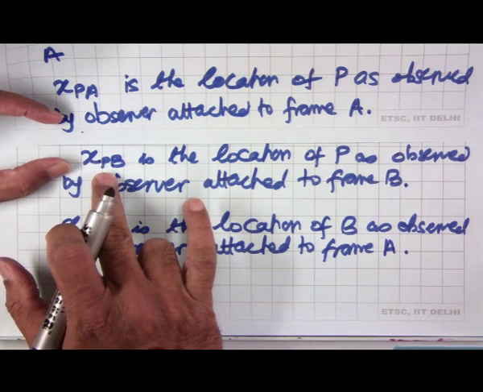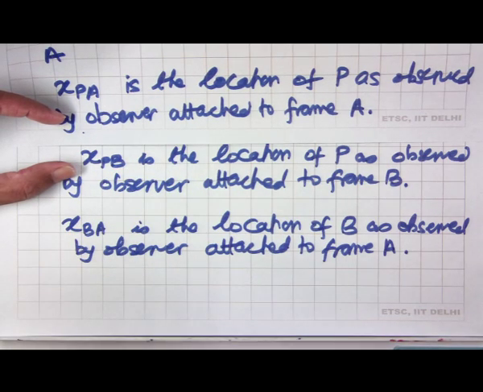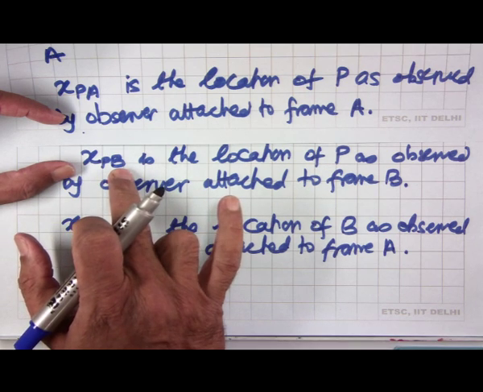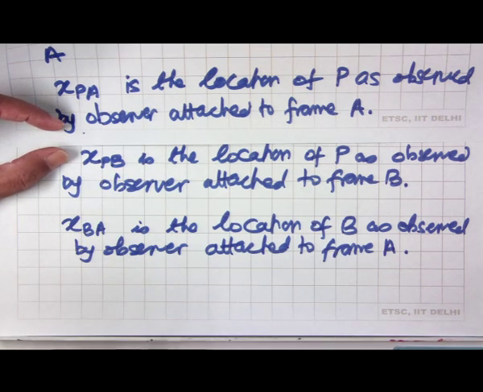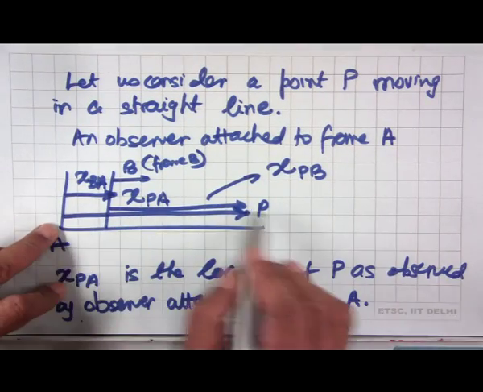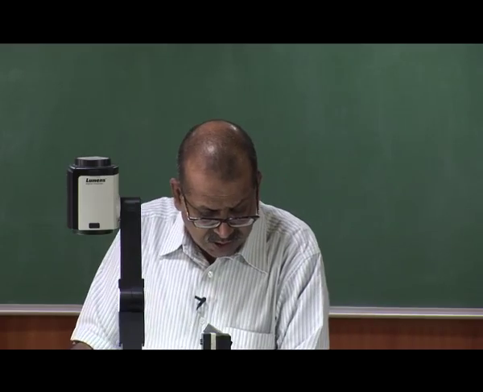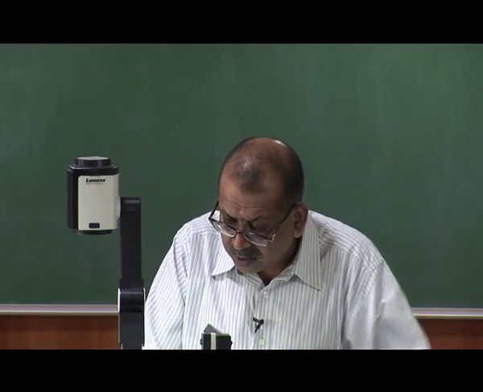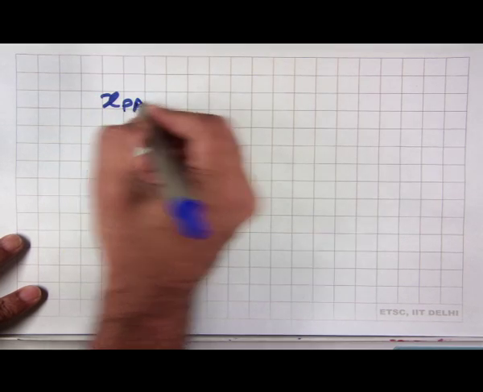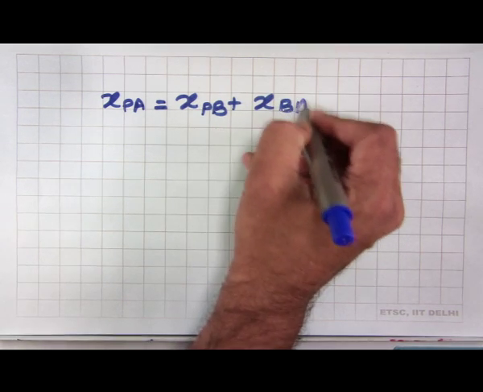The first one represents the point which is moving or the point which is being observed by both the frames. The second one represents the frame from where the measurements are being taken. Now, from the figure it is very clear that XPA is equal to XPB plus XBA.